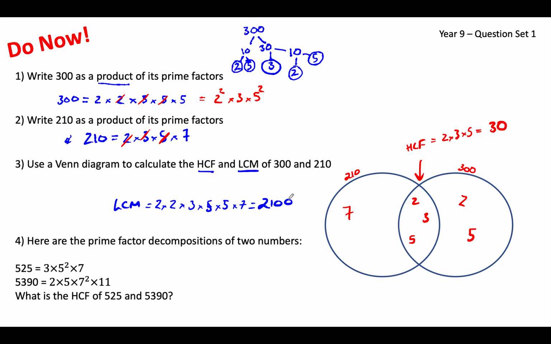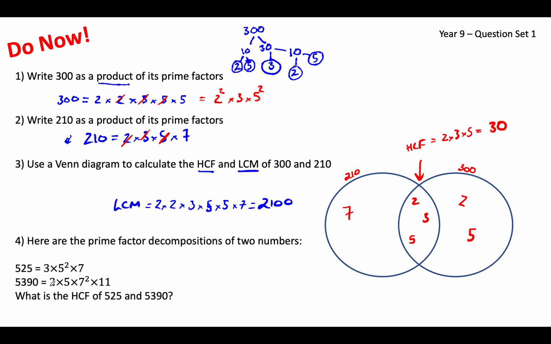I'm just going to double check that, because I did it in my head whilst I was writing stuff down. Yeah, 2,100 is the first number that would be in both of their times tables. If you wrote out a load of multiples of 300 and 210, the first one in both lists would be 2,100.